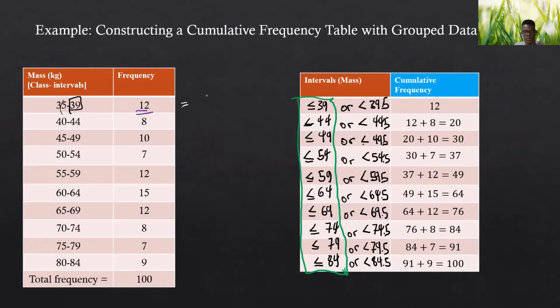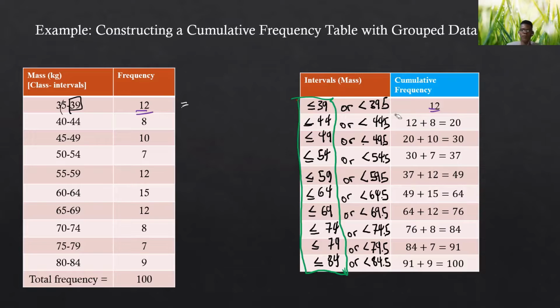The first cumulative frequency is always equal to the first frequency. It's sort of like saying there's nothing before, so 0 plus 12 is still 12. So for the first row, it's just 12.